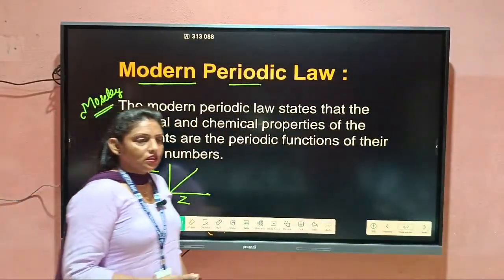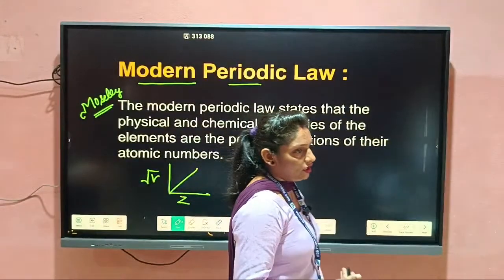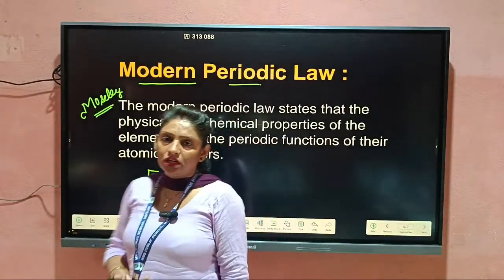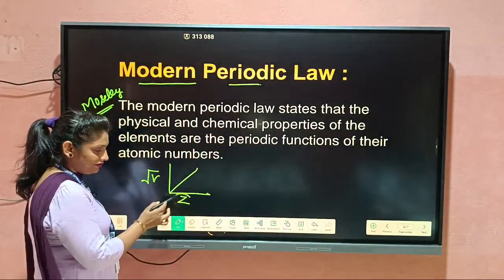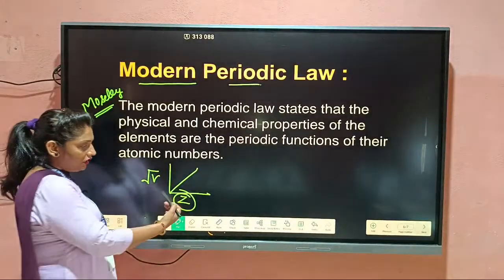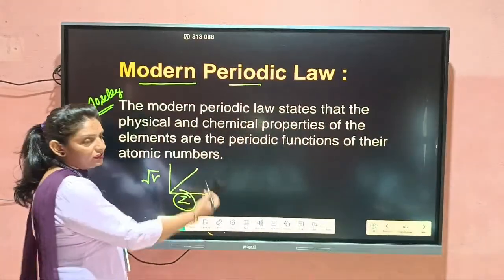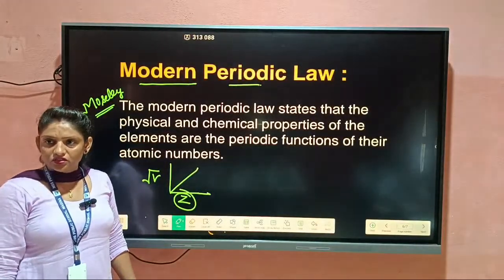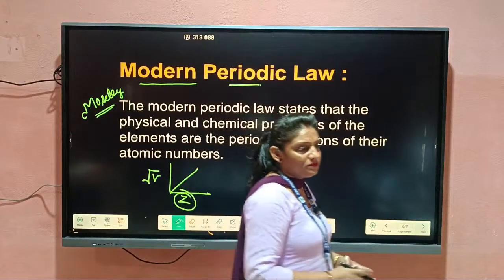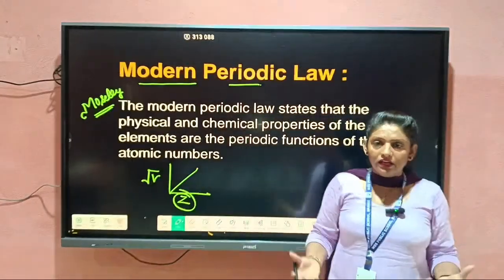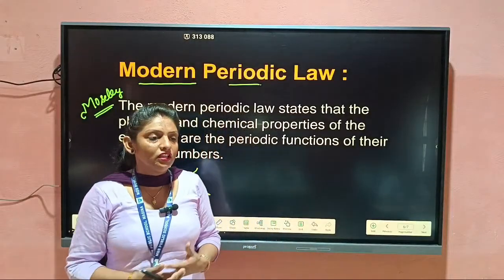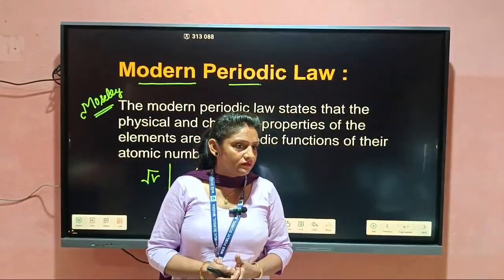But there will be irregularity if the graph is plotted with respect to atomic masses instead of atomic number. He was not getting a straight line graph. So he said that there is irregularity in the atomic masses because there is no fixed difference between the masses of the elements.